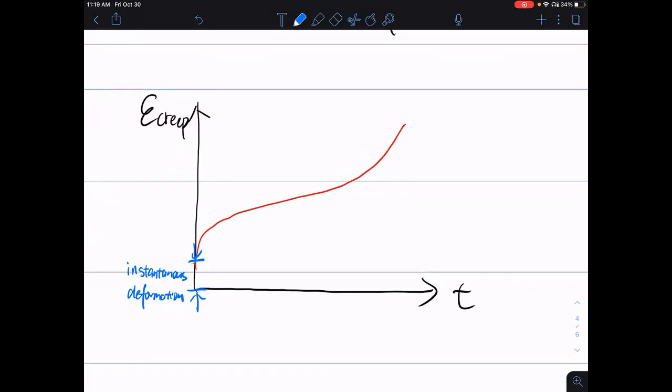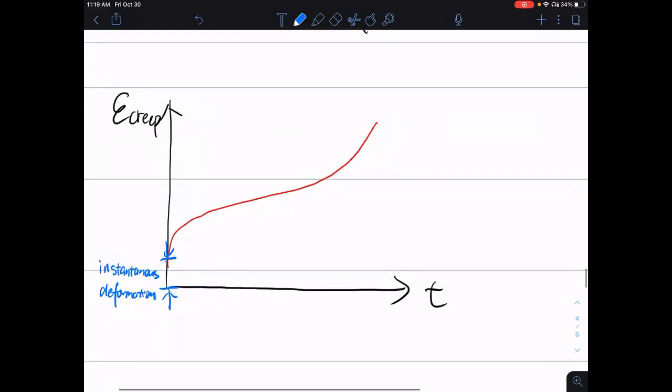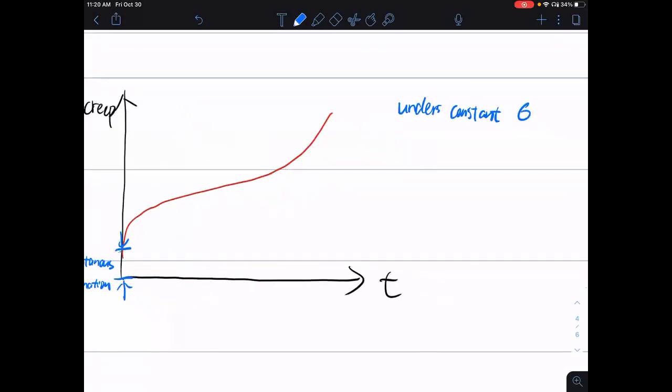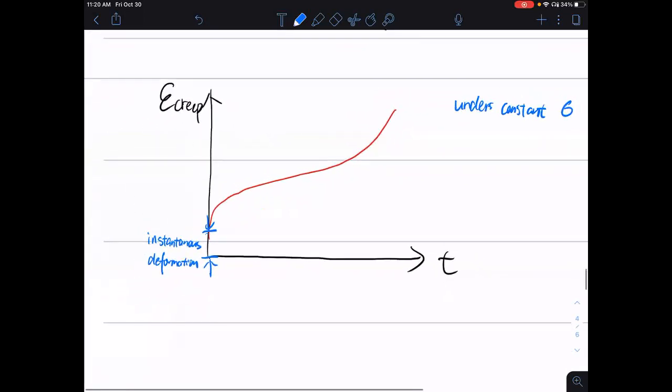So the time you just apply the force to the material, you're going to see a deformation. That deformation gradually increases. So under the same constant, this diagram is tested under constant stress. So even we're keeping the same constant stress, sometimes that stress is way below yielding stress. But as you can see on the diagram, the strain increases, which means the deformation is getting larger and larger.